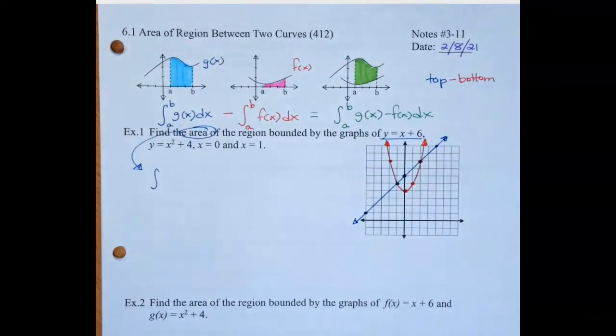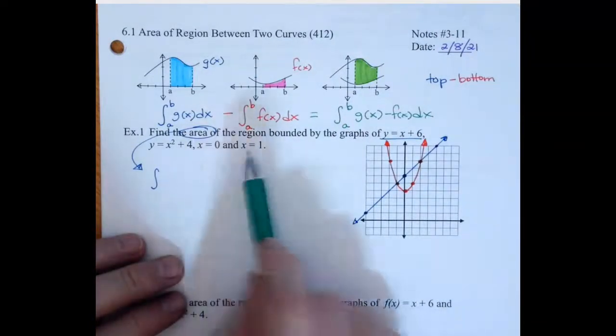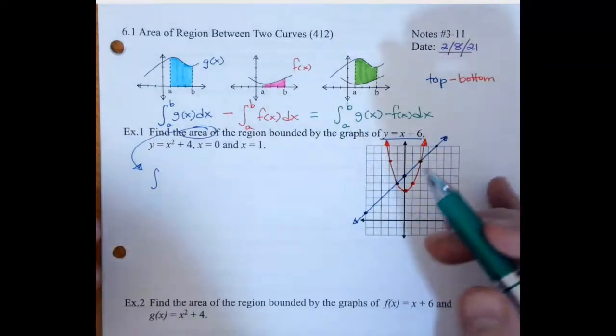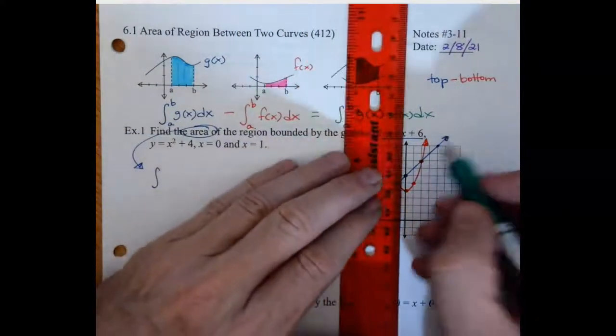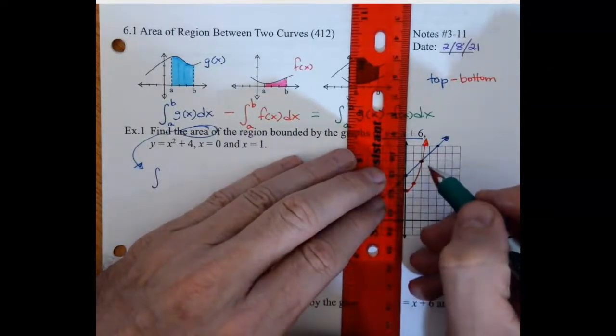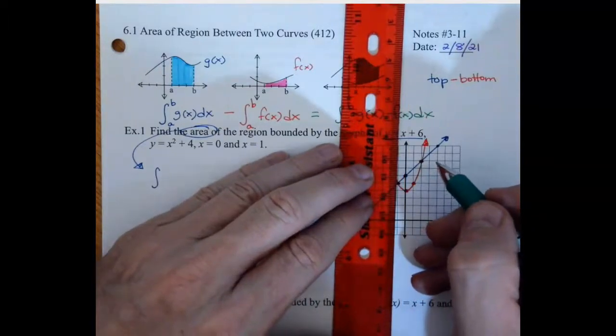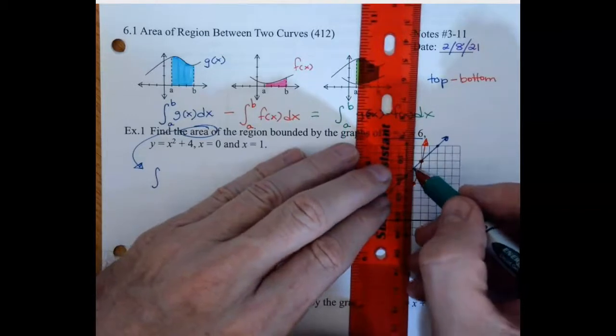And the last thing here is that it also says that we're going from 0 to 1. So that's a little bit different. Well, I'll talk about that later. So 0 to 1 is right here to right here.